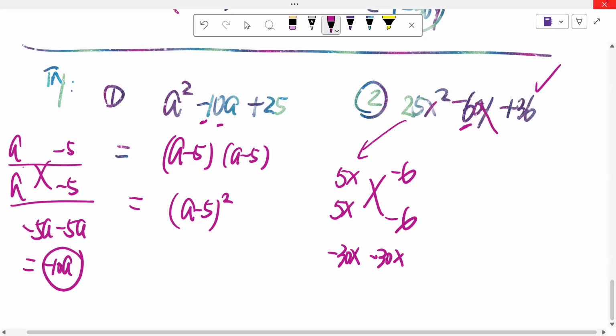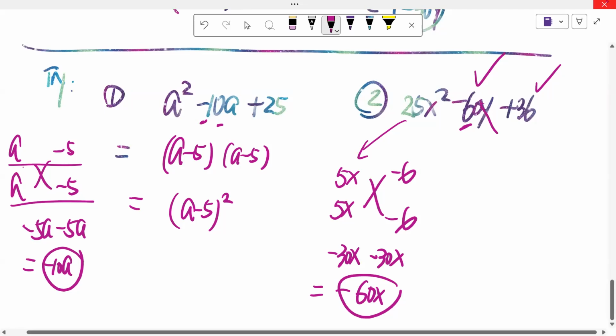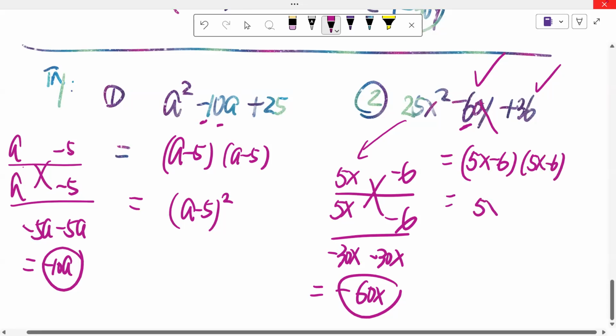So minus 30x. Then combine them, you get minus 60x. From the middle term, it'll be 5x minus 6, 5x minus 6, which is the perfect square 5x minus 6 squared. All right. Any question about this?